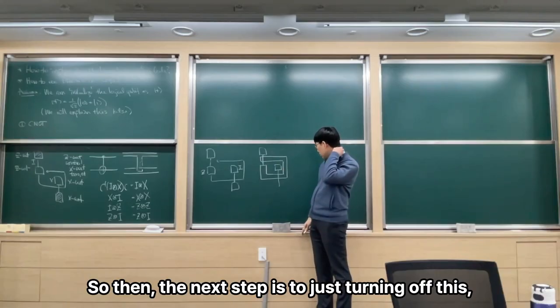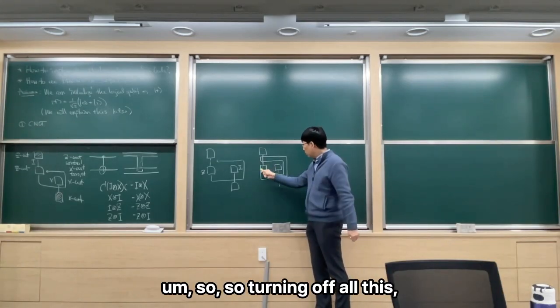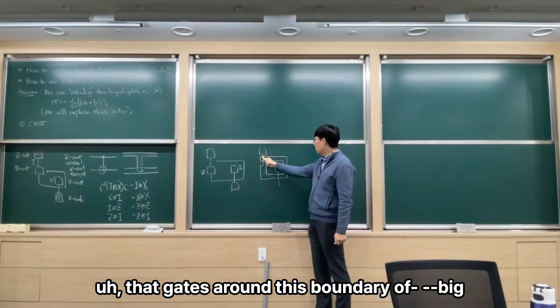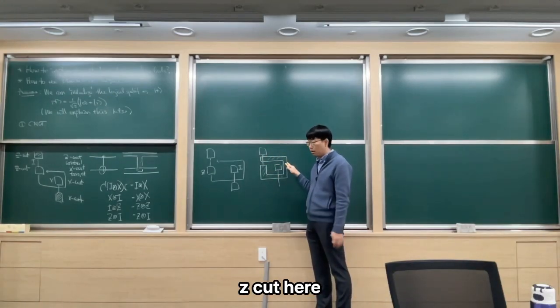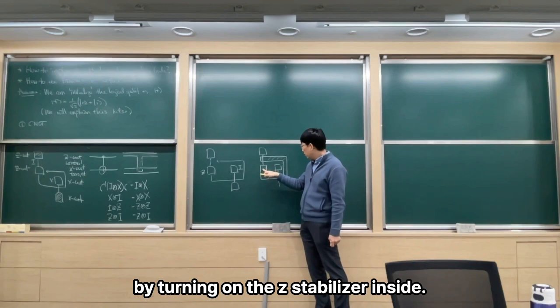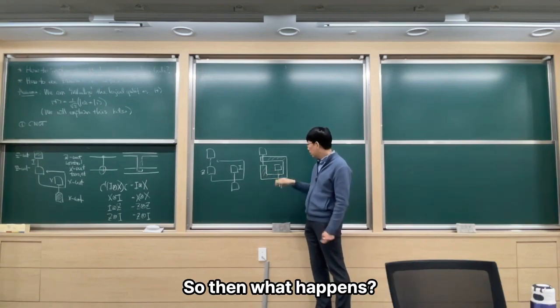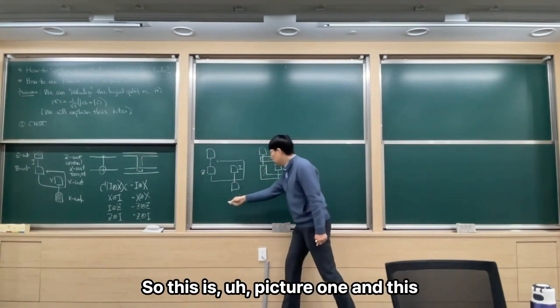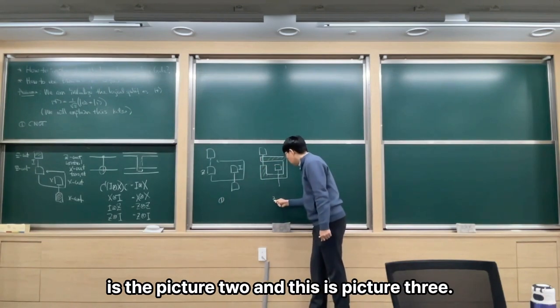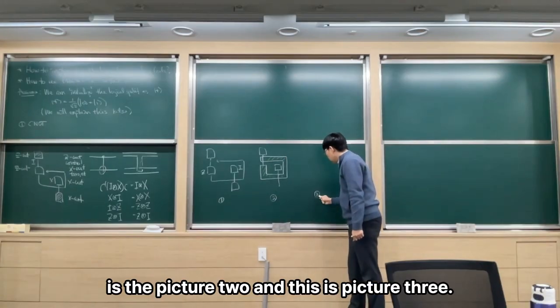So the next step is to just turn this off, turning off all these Z gates around the boundary of the big Z cut here by turning on the Z stabilizer inside. So then what happens? This is picture 1, this is picture 2, and this is picture 3.